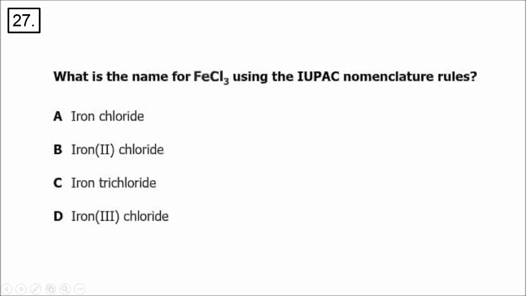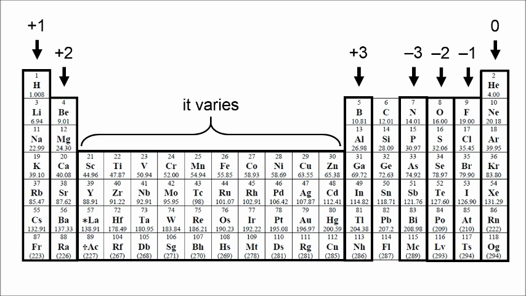In number 27, we have to figure out the name of FeCl3 using the proper rules for nomenclature. Essentially, how do we name FeCl3 according to our rules? Well, remember that the iron has a charge which varies because it's in the middle of the periodic table in the transition metal region. Chloride, we know, is -1 because of where we find it in the halogen section.